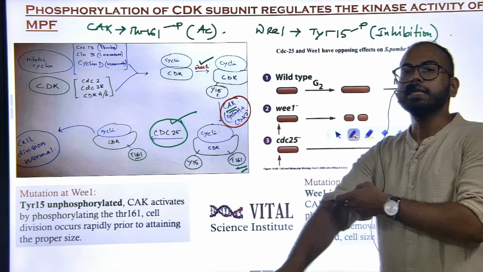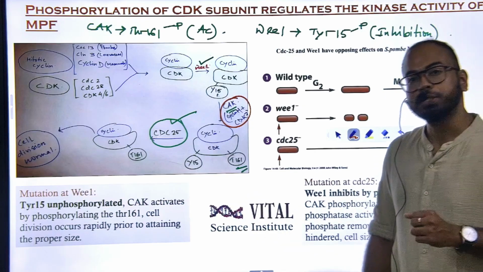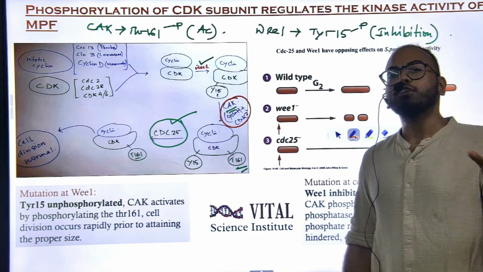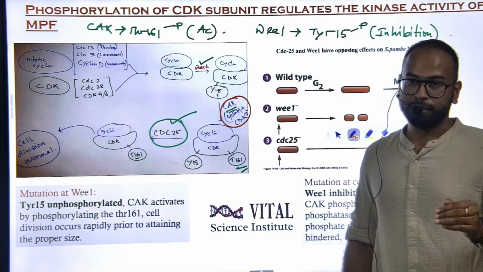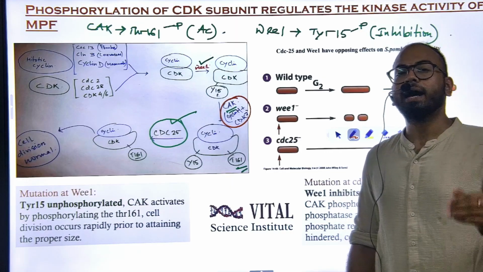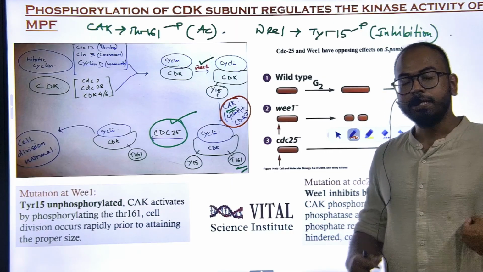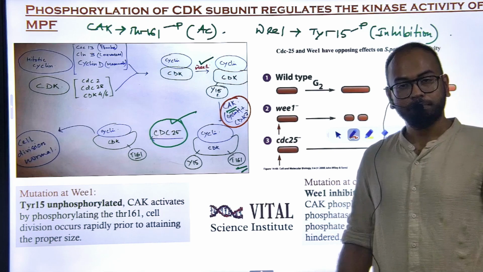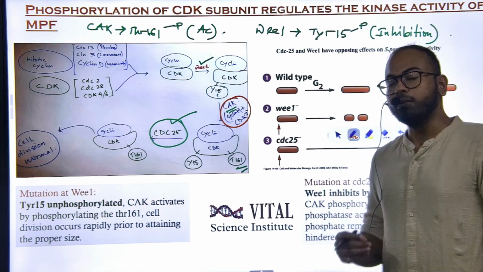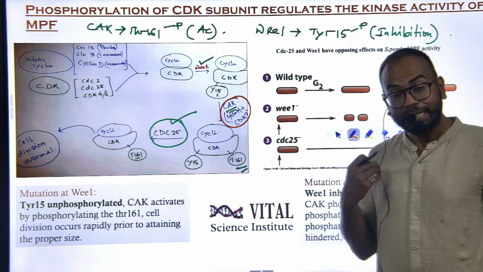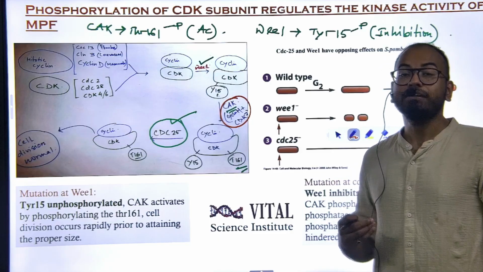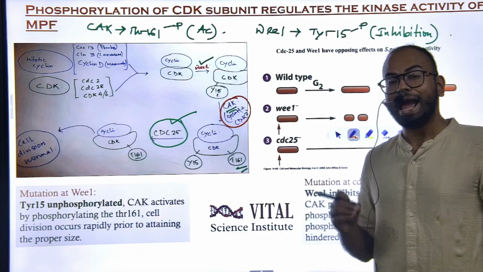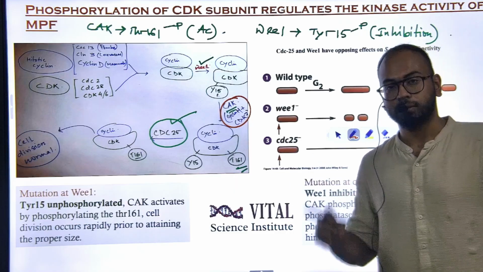So initially there lies a phosphorylation at tyrosine 15. This kind of phosphorylation is inhibitory and it is performed by V1. Next comes the activity of CAK. This protein phosphorylates threonine within CDK at position 161.